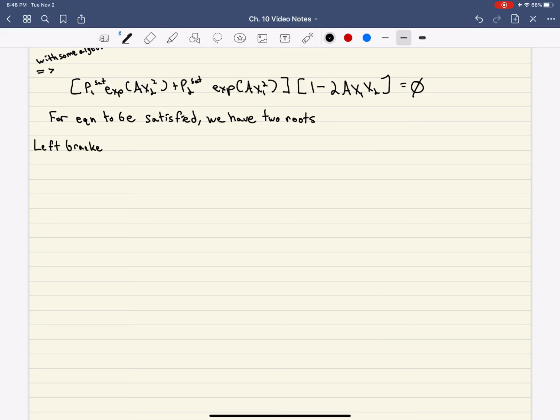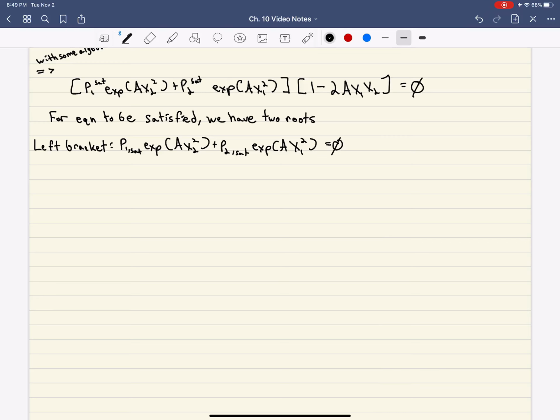So let's first look at the bracket here on the left. So we get that P1 sat exponential of a x2 squared plus P2 sat exponential of a x1 squared has to be equal to 0.